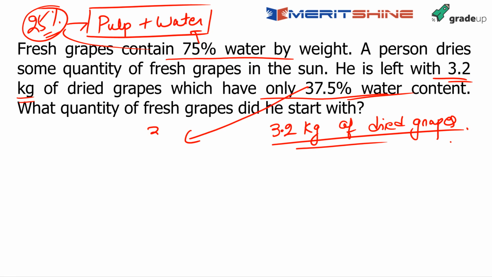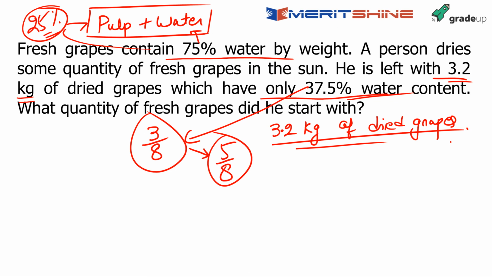I'm probably telling you for the 10th time in the last two sessions that this is 3 by 8. So the water content here is 3 by 8. If the water content is 3 by 8, the pulp would be 5 by 8, since 3 by 8 plus 5 by 8 is 1. We are just talking in proportions. 5 by 8 pulp means 62.5% pulp. Don't get confused, just remember this 5 by 8.